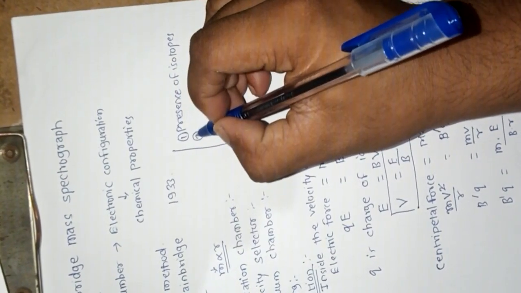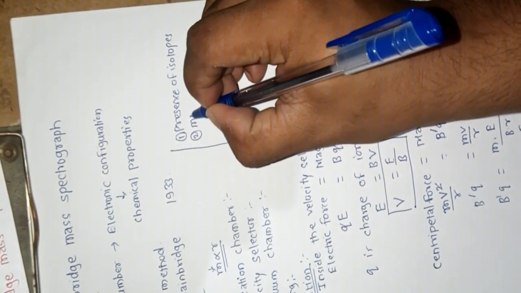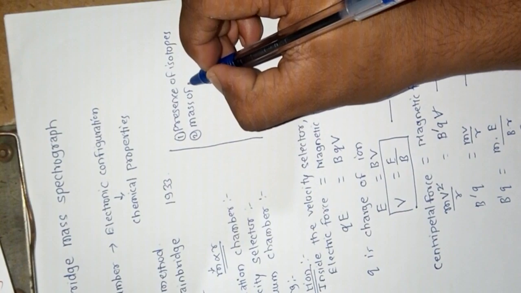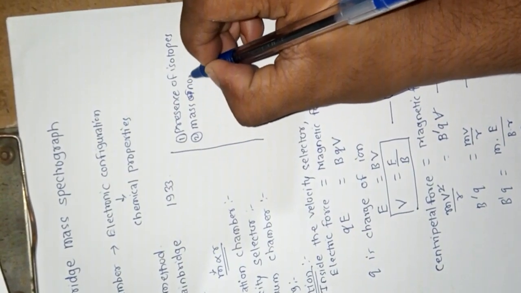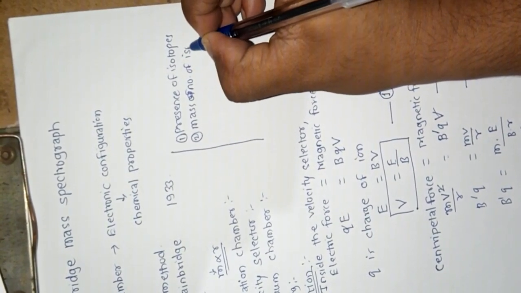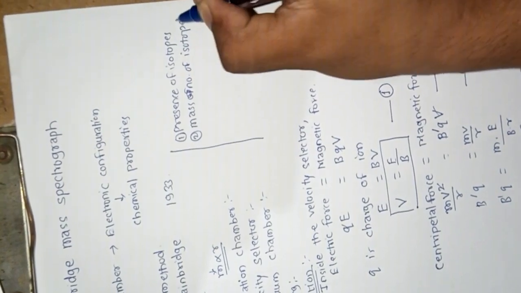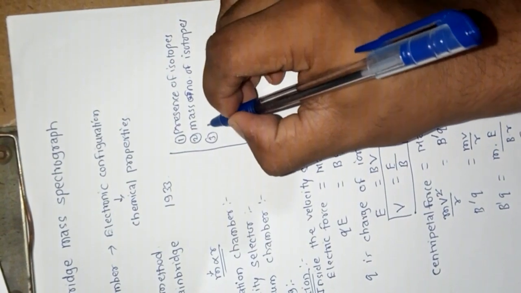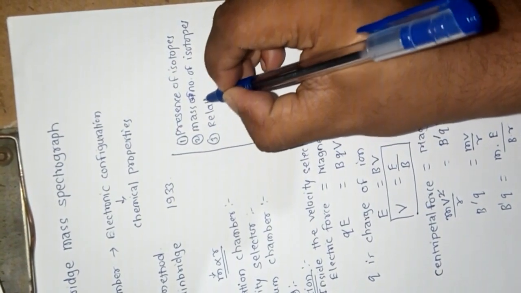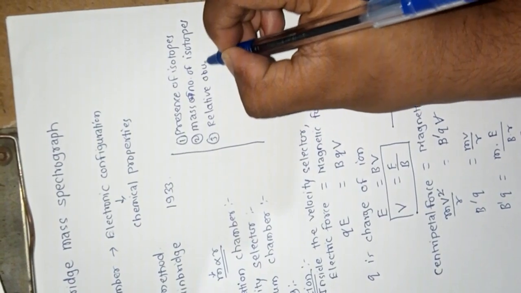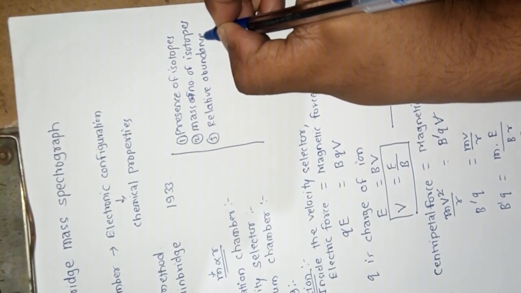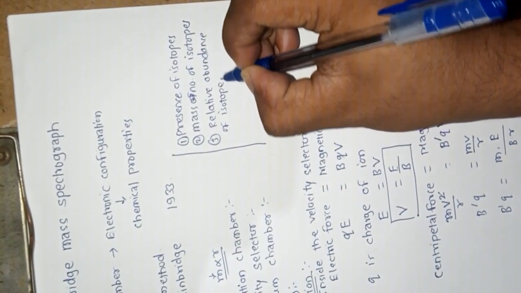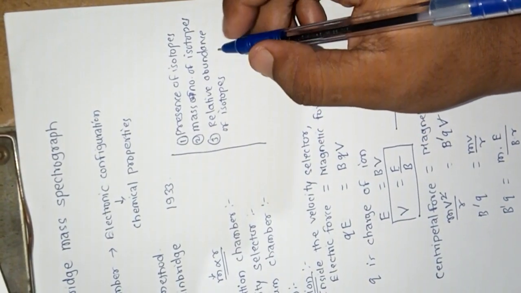Also, we can determine the mass number of isotopes, and also we can find out the relative abundance of the isotopes in a given beam of positive ions.